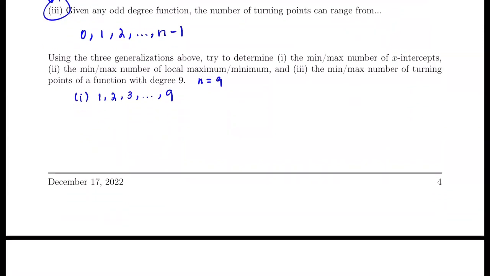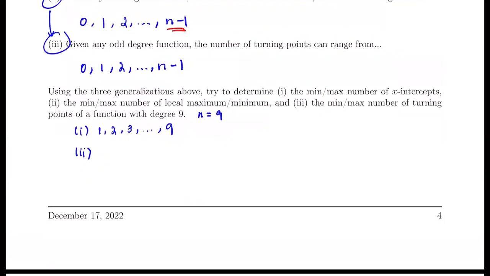For the second one, we want to determine the number of local minimums and maximums. Since n is equal to 9 here, we could have from 0, and then we could have 1, and then 2, all the way until 8. So 8 is the maximum number of local minimums and maximums that we could have.